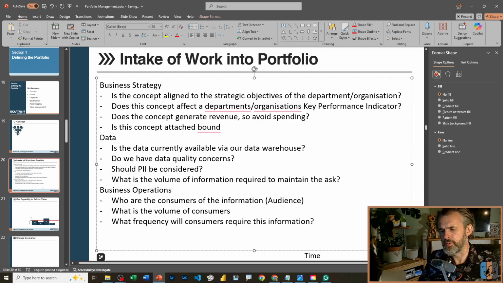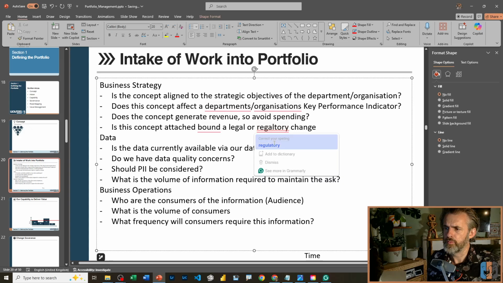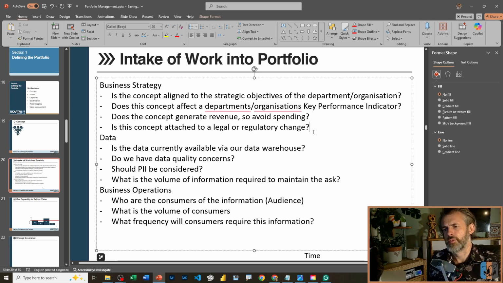Is this concept bound to a legal or regulatory change? Maybe change is the wrong word, but we'll leave that for the moment, just because I need to wrap this up in a sec, because I'm going to start my normal work.